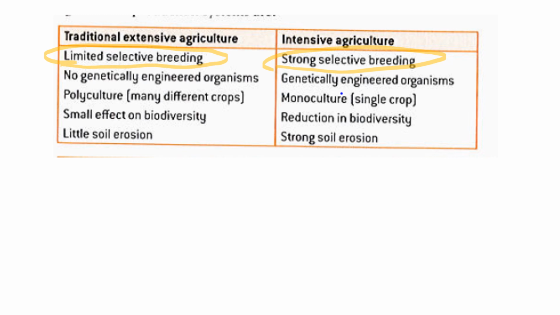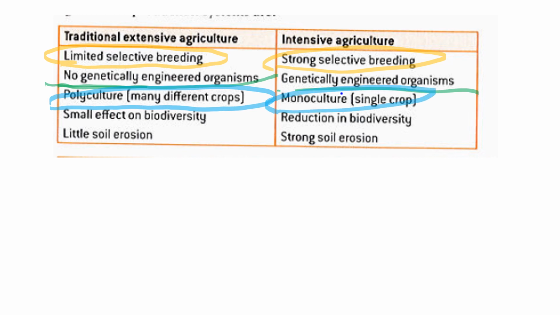They don't tend to use genetic modification in traditional systems, but they will do more and more in intensive farming. With polyculture, there might be lots of different crops in traditional farming, but monoculture in more intensive farming, and therefore there's a low effect on biodiversity there, but a high one there. And soil erosion is a big problem with intensive farming.